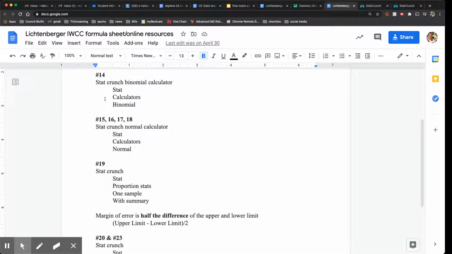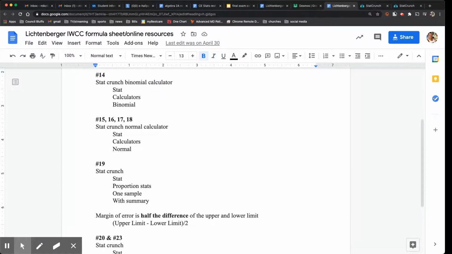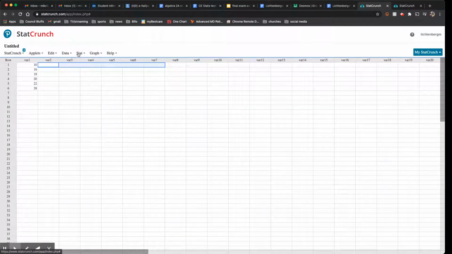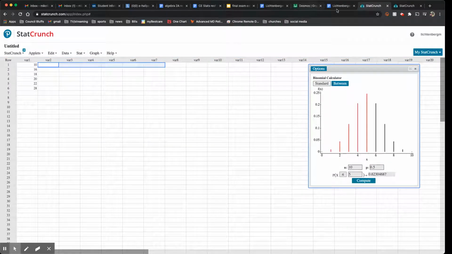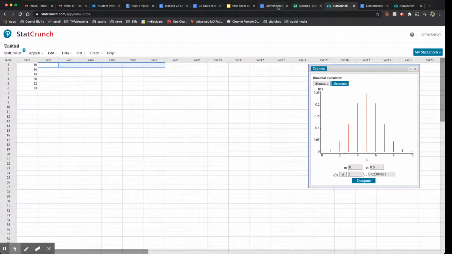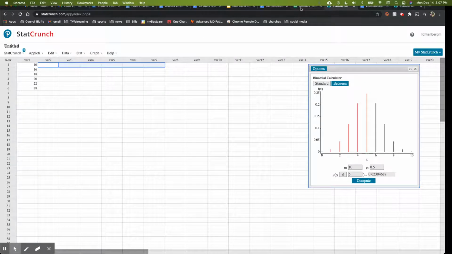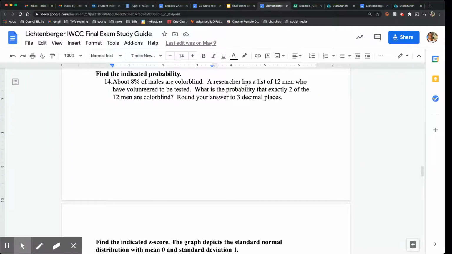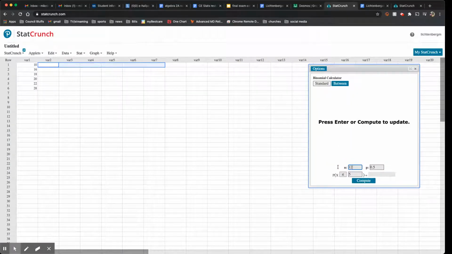Okay, and for number 14, we're going to use the Statcrunch binomial calculator. So on Statcrunch, we're going to go to Stat, we're going to go to Calculators, and we're going to go to Binomial. Okay, so let's go to the question here. So the n value, that is the sample size, so that is a list of 12 men, so n is going to be 12.